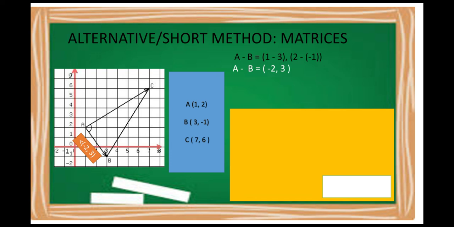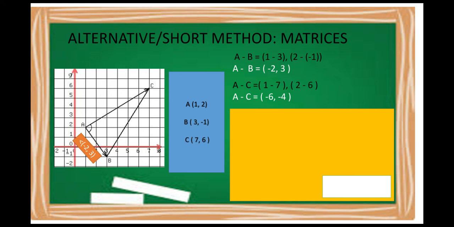So the next one is to choose the point or use the points A and C. So the same process, subtract the components of x and y of those 2 points. So the x component or the x coordinate of point A is 1, minus the x coordinate of point C, which is 7.